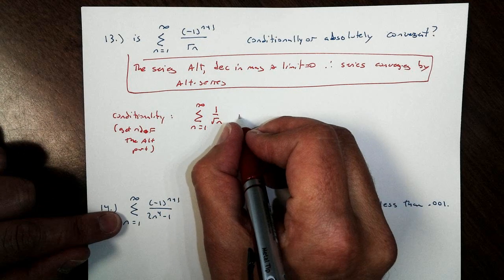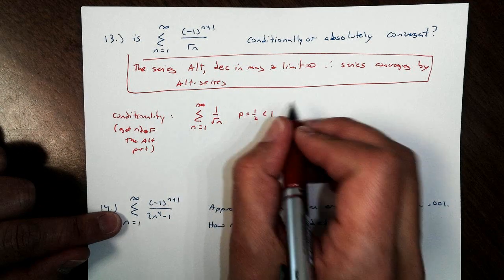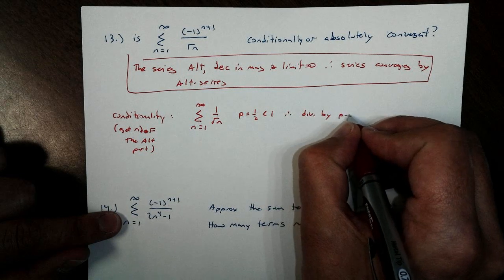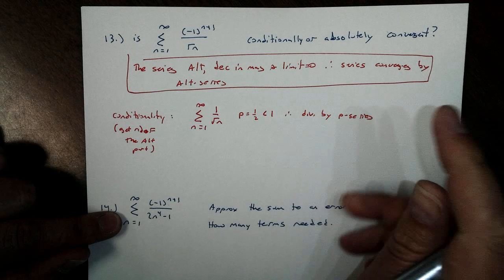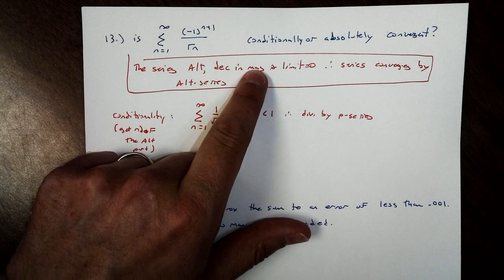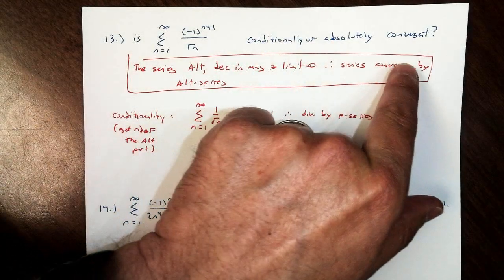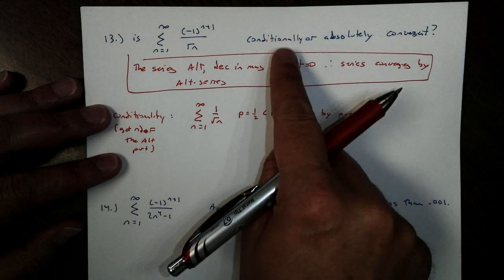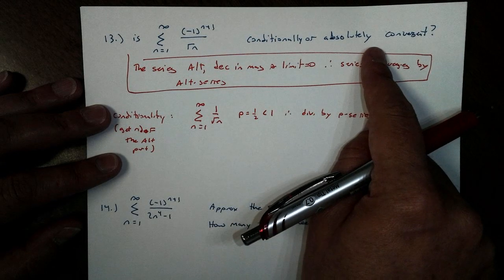Now this is a p series. P is 1/2, which is less than 1. So therefore this will diverge by p series. So let's think about what this means for us. That says this series will only converge if the series alternates, if the series changes signs.